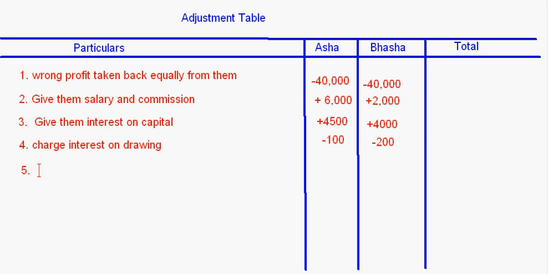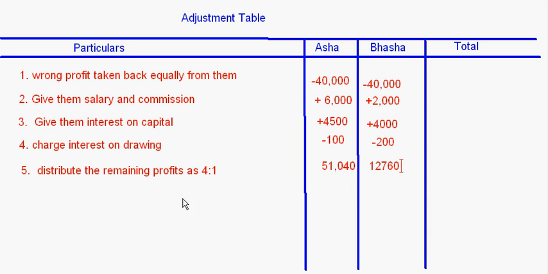Then finally I have this, distribute the remaining profits as 4:1. So the profits we did in the profit and loss appropriation account, the profit was distributed in the ratio, it came to this 51,040 and 12,760. This is again a plus item, right?